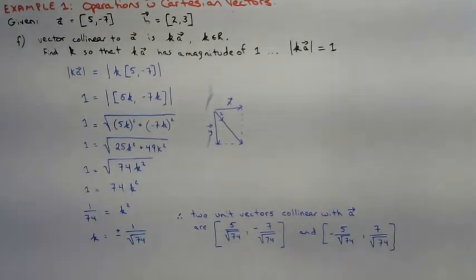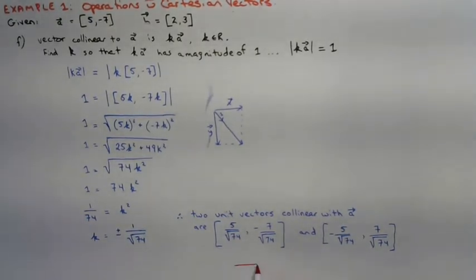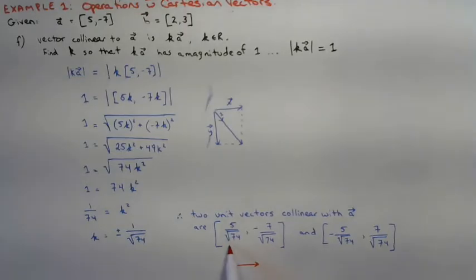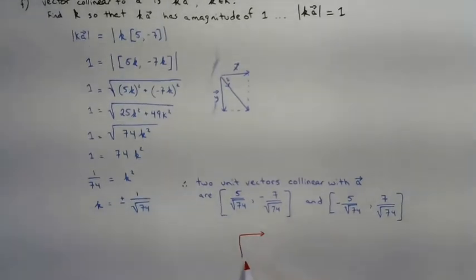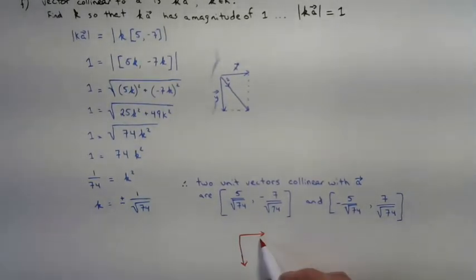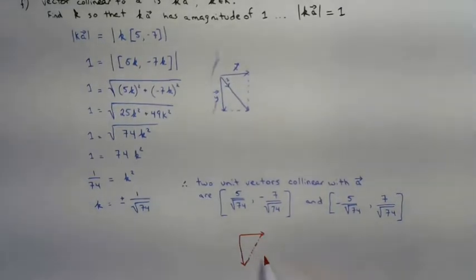We would just put them into a right angle triangle, which they are. We have a horizontal of 5 over radical 74, and we have a vertical of negative 7 over radical 74. And if we were to calculate this, we should get 1 unit.